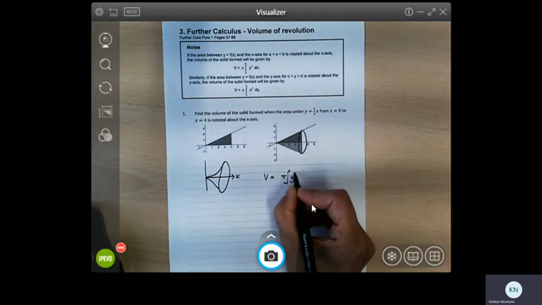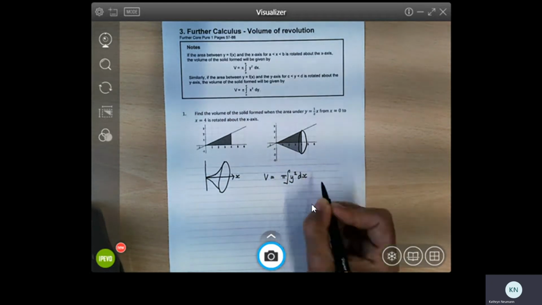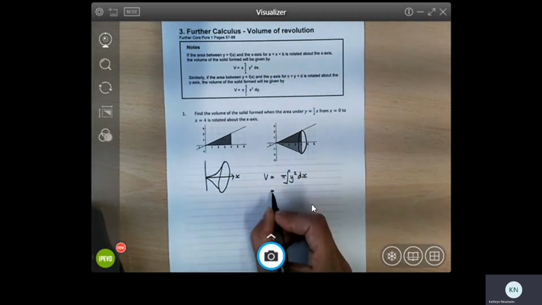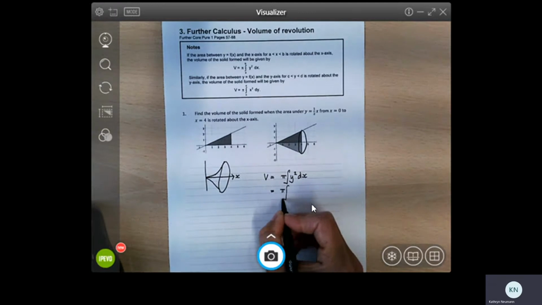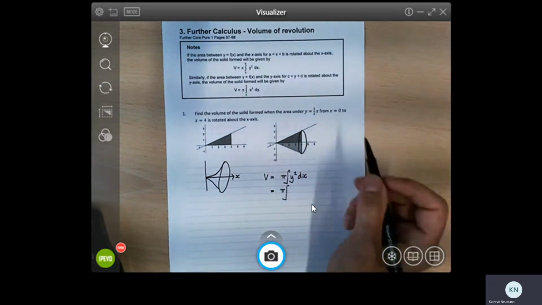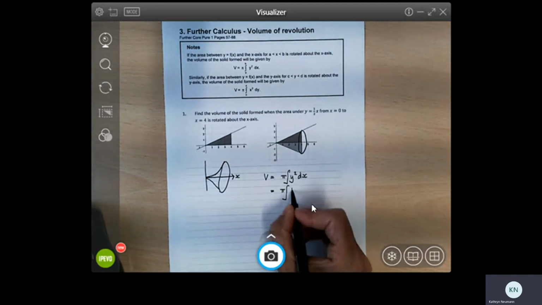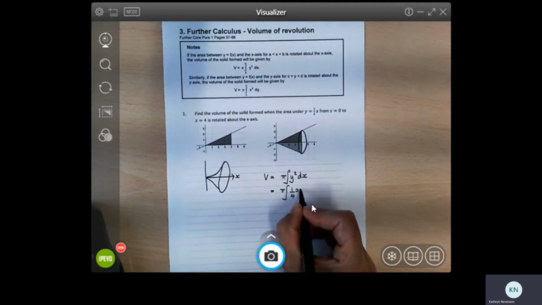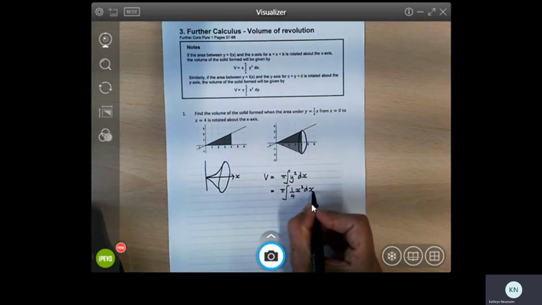So we can start by writing the formula just to help us learn it, and then substitute in the actual function we're using. So we've got y is a half x, so when we square that, we're going to get a quarter x squared dx.